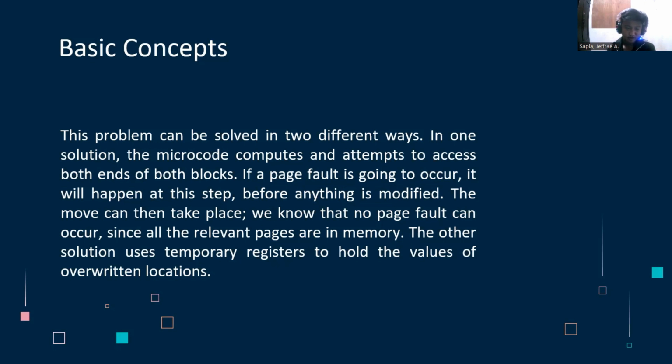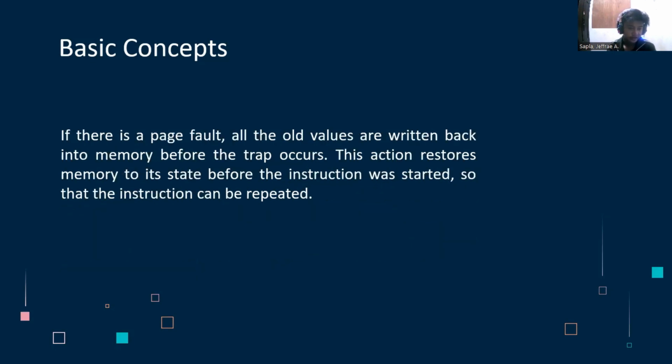The other solution uses temporary registers to hold the values of overwritten locations. If there is a page fault, all the old values are written back into memory before the trap occurs.